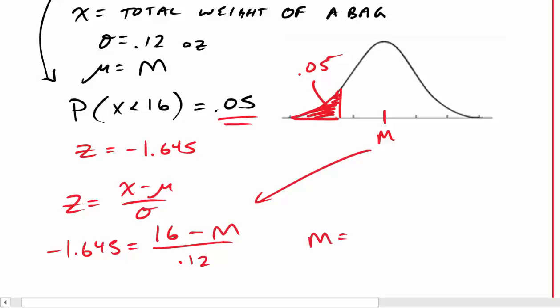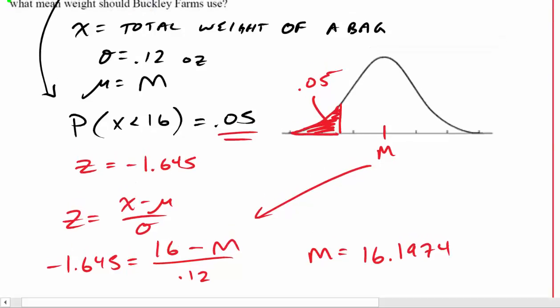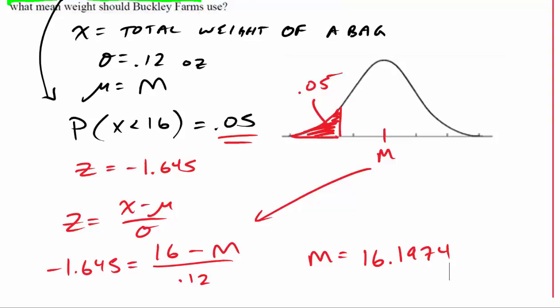And with a little algebra, we find that the mean is 16.1974. So this means that if we want only 5% of the bags to weigh less than 16 ounces, we really are trying to aim for a mean of 16.197 ounces.